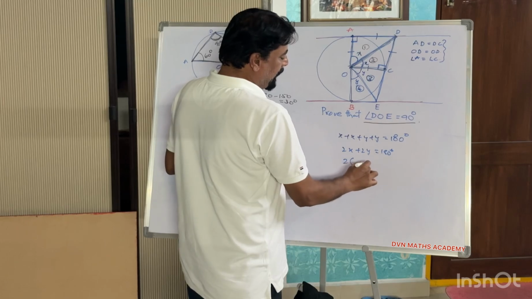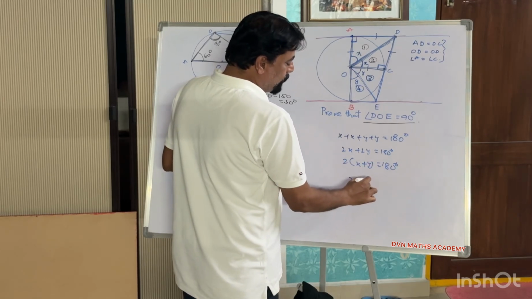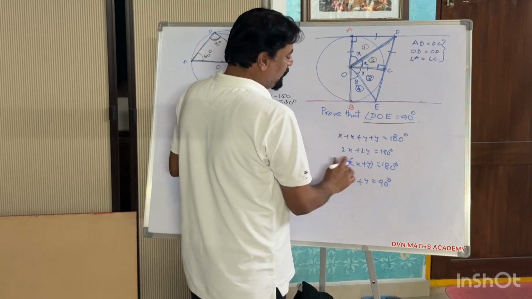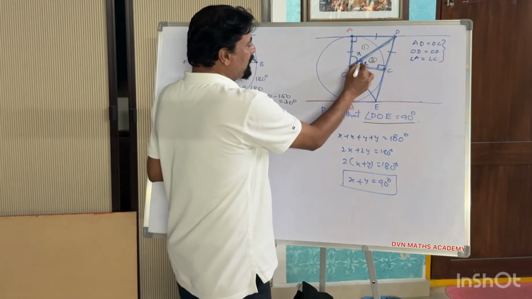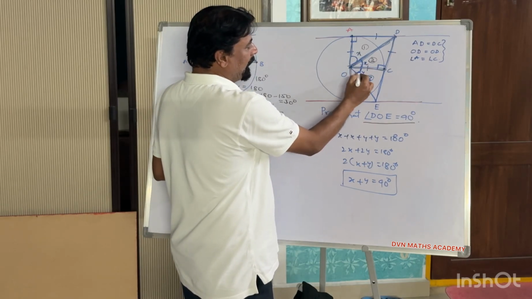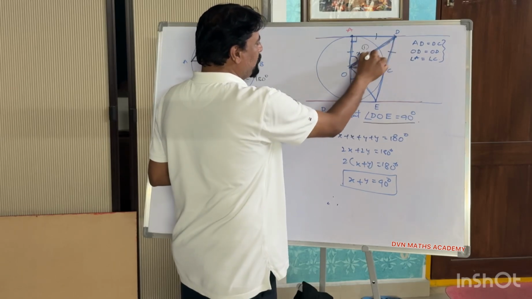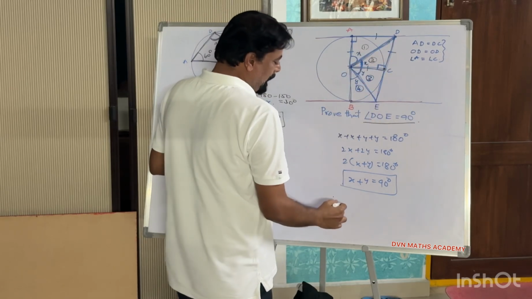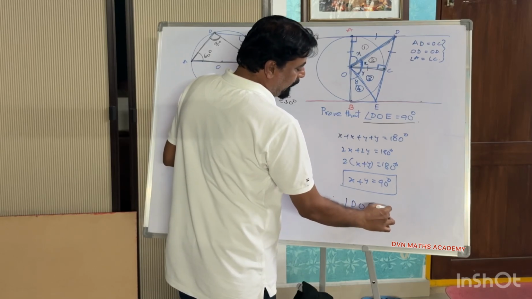So if you take 2 common, x plus y is equal to 180 by 2, so x plus y should be equal to 90 degrees. Here this is angle x and this is angle y. Therefore, if you add these two angles, the sum is equal to this angle, that is angle DOE is equal to 90 degrees.